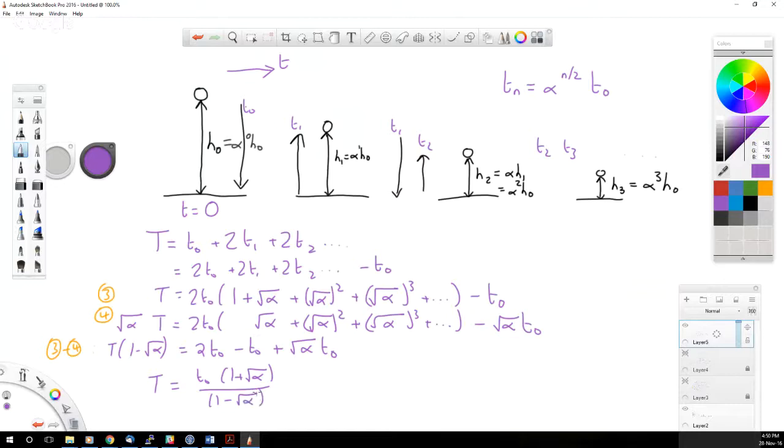So very, very similar, except now we've got root alpha rather than alpha, and we can rewrite our T0 in terms of what we had before.